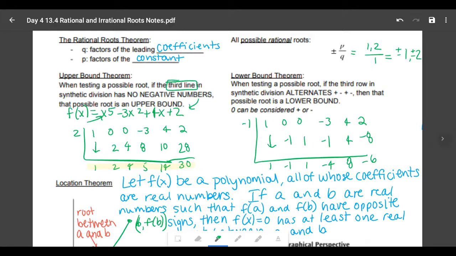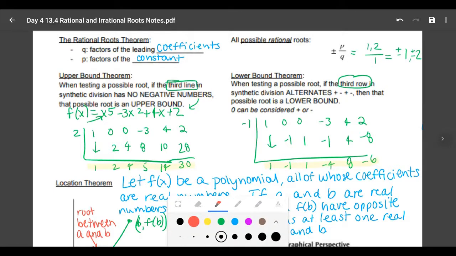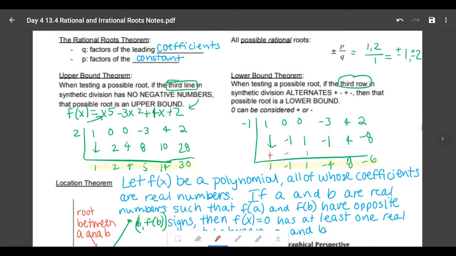I'm going to look at this row that's underneath here and ask, do the values alternate? This first value is positive, then a negative, then a positive, then a negative, then a positive, then a negative. That certainly looks like it alternates. So that possible root is considered a lower boundary. So if I have a rational root somewhere in there, it would need to be between negative 1 and 2.